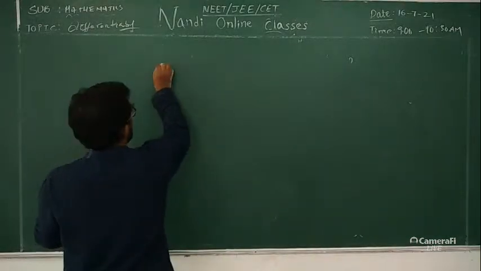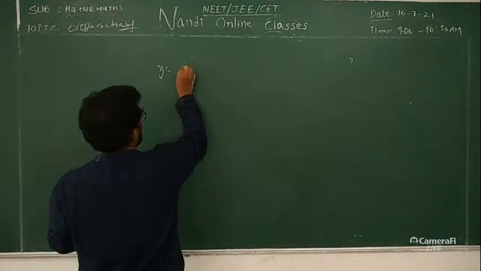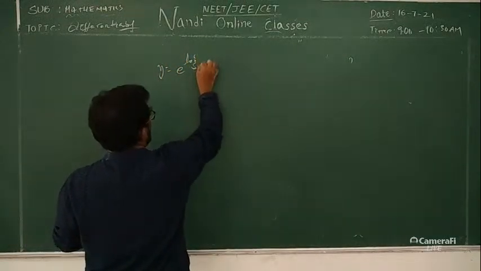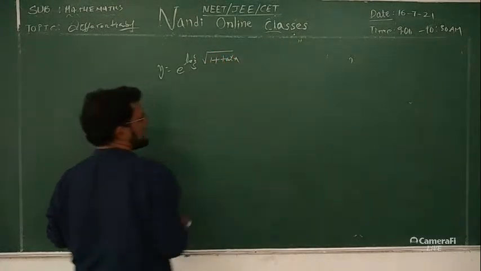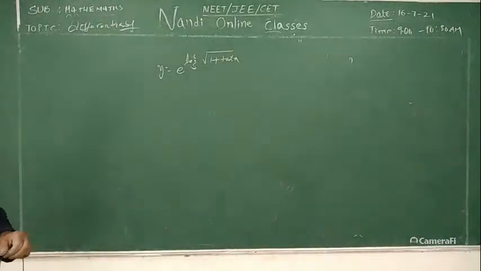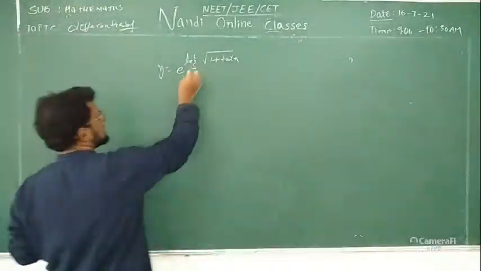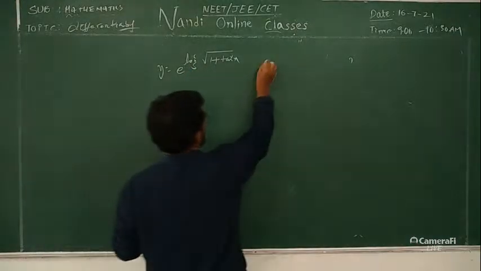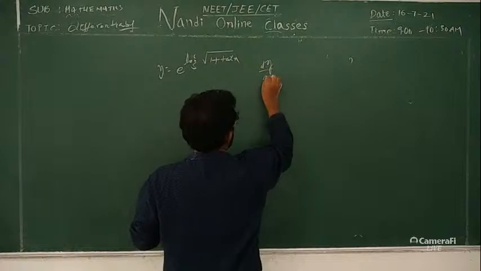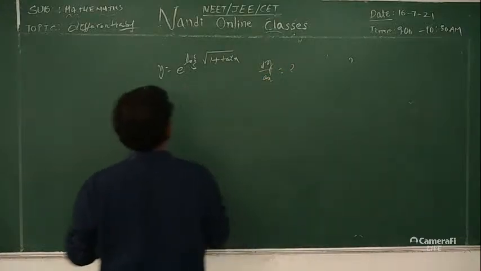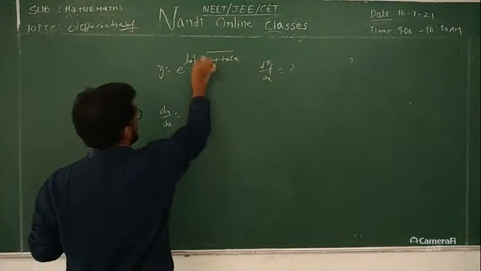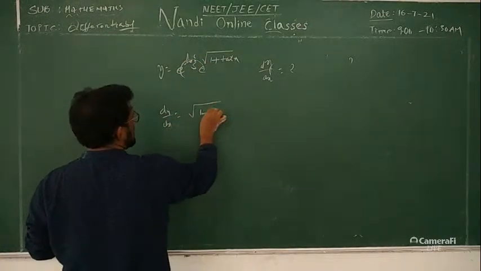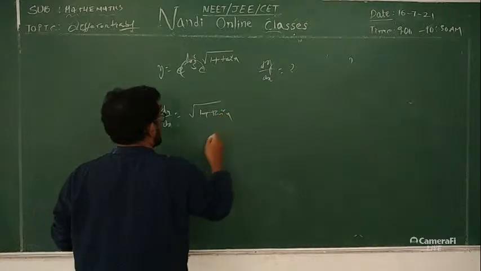Next, y is equal to e power log of (1 plus tan square x). This is the structure if it is given, asking for dy by dx. Here the e power log gets cancelled, leaving 1 plus tan square x.